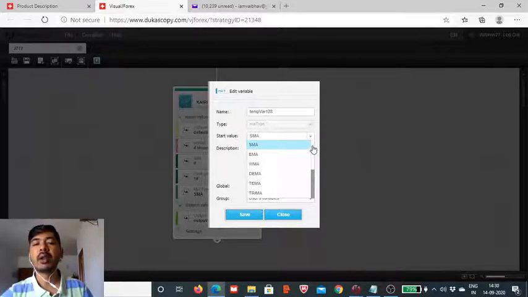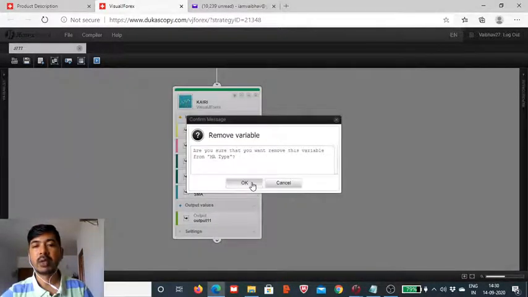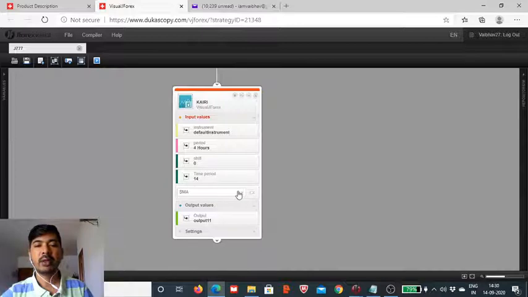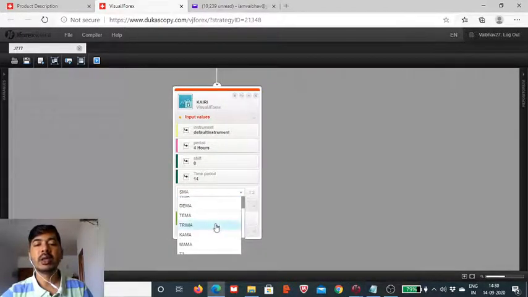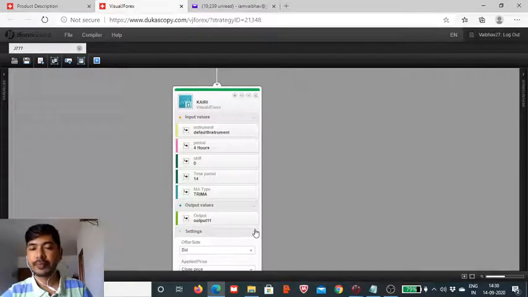Suppose I want to work with a different moving average, then all I have to do is change it. For example, if it is TRIMA, then the difference will be calculated between the TRIMA value and the last tick price, and then we get the output.